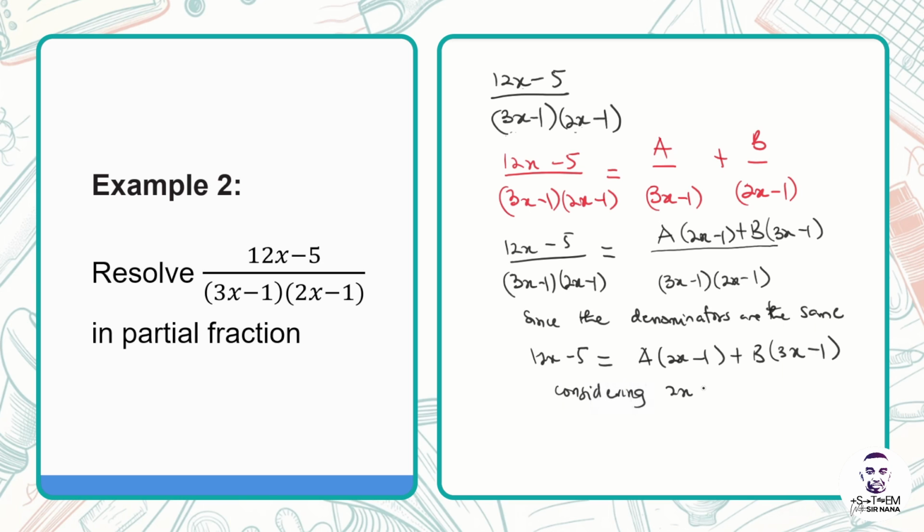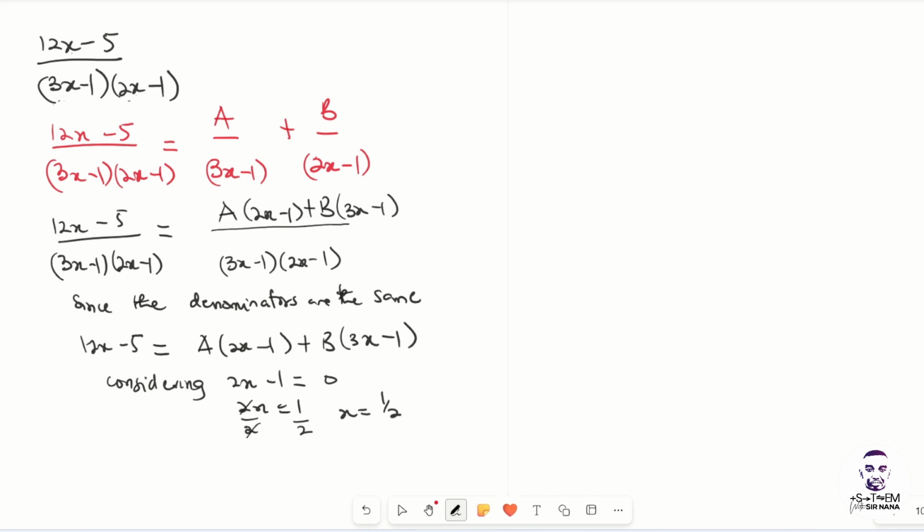Considering 2x minus 1, we can equate it to 0 and have 2x equal to 1. Divide both sides by the coefficient of x, which is 2, and that implies that x will be equal to a half. So wherever we see x, we substitute a half there.